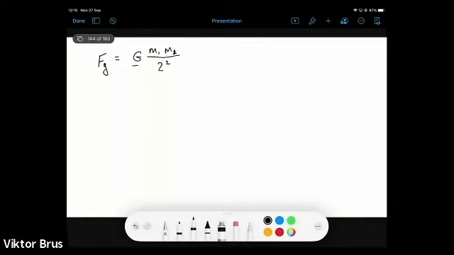So here is some constant which was determined, quantified a bit later, which is the gravitational constant.